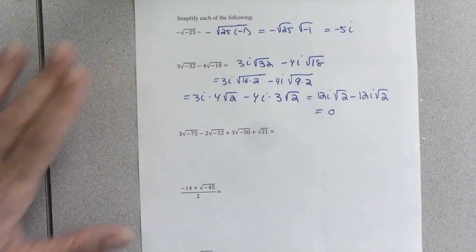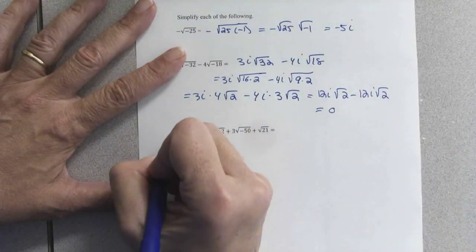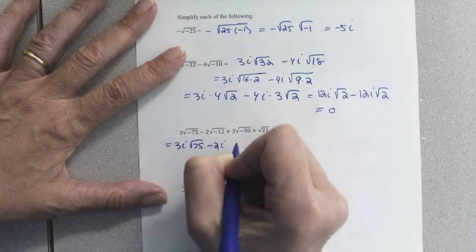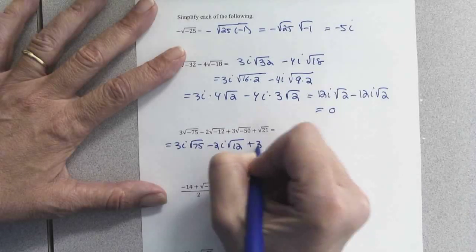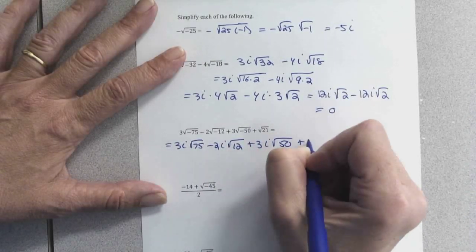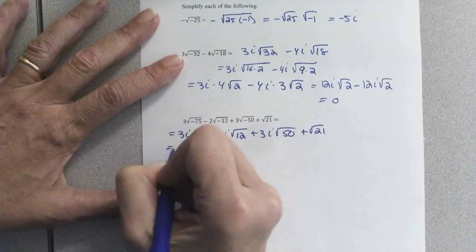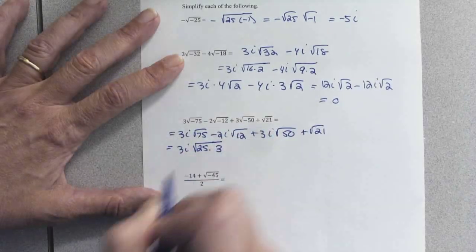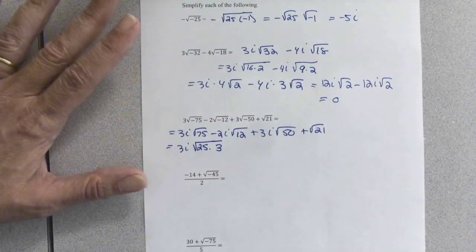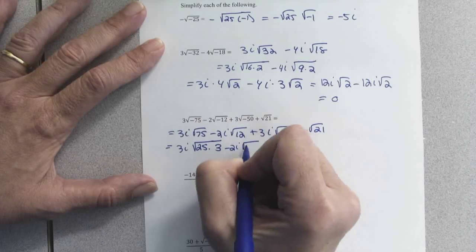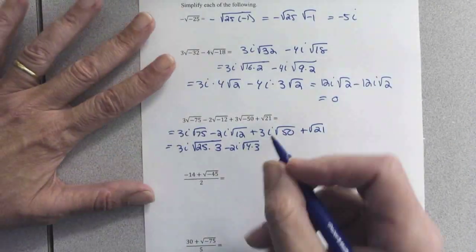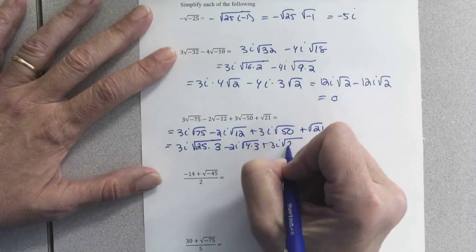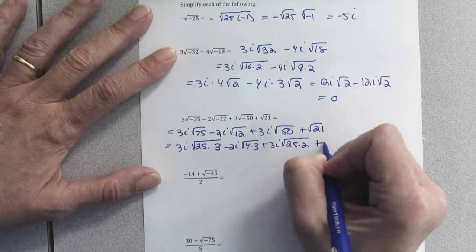Okay, doing the same thing here. So this is going to start out as 3i square root of 75 minus 2i square root of 12 plus 3i square root of 50 plus the square root of 21, which is then going to be 3i. 75 I can rewrite as 25 times 3. 12 I can rewrite as 4 times 3. 50 I can rewrite as 25 times 2.